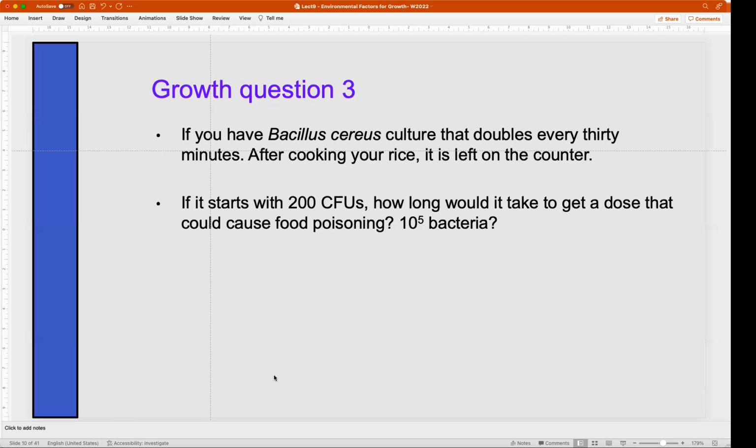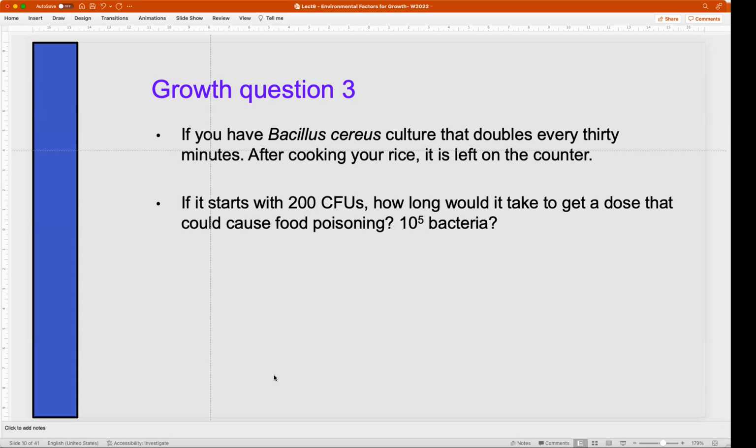Okay, let's say you start with 200. How long before you have 10 to the 5 bacteria? 1, 2, 3, 4, 5.